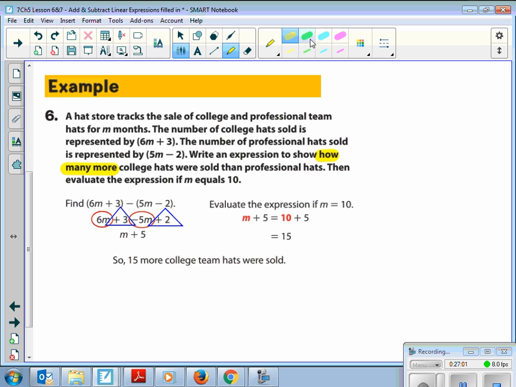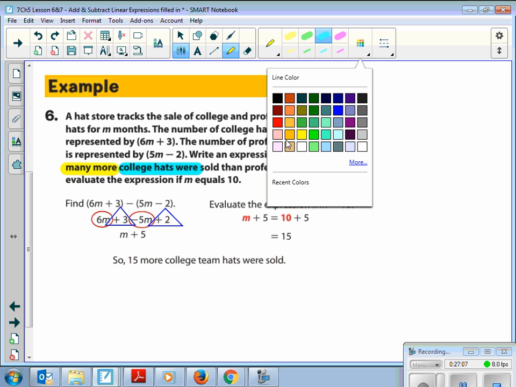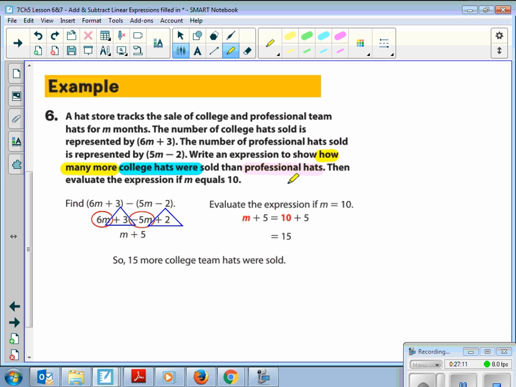So we are comparing college hats to professional hats. How many more college hats than professional hats? So it's going to be the college hats minus the professional hats. Is everybody clear with that?